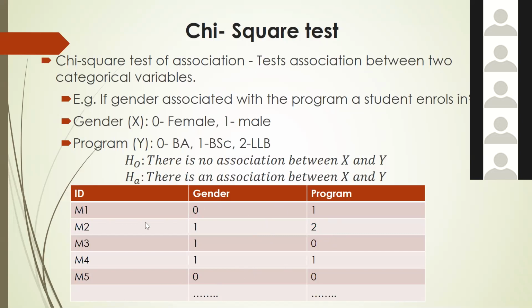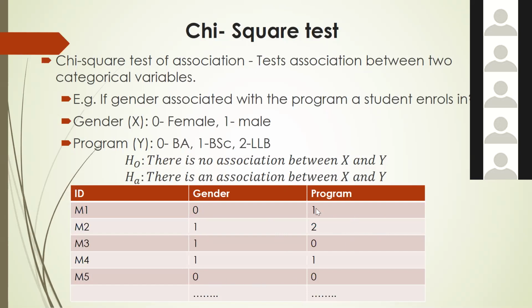You may have as many sampling units as you want in this data set. A chi-square test will test whether gender is significantly associated with the program of study which a student enrolls in. The null hypothesis is that there is no association. The alternative is that there is an association.